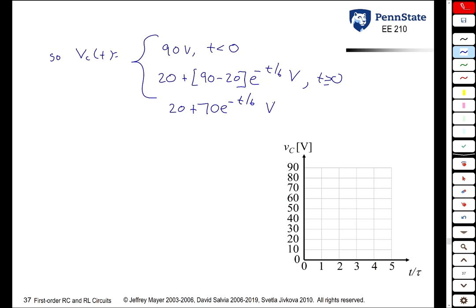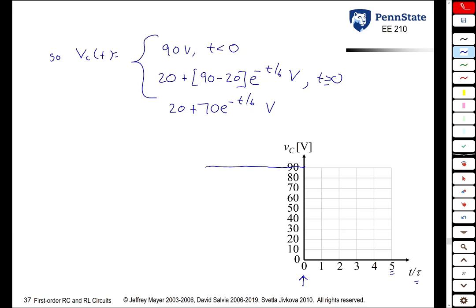If we wanted to plot this, we have a DC steady state value, a change in the circuit at time 0. It's going to take 5 time constants to get to the new value, and once again we are using a scaled time axis.